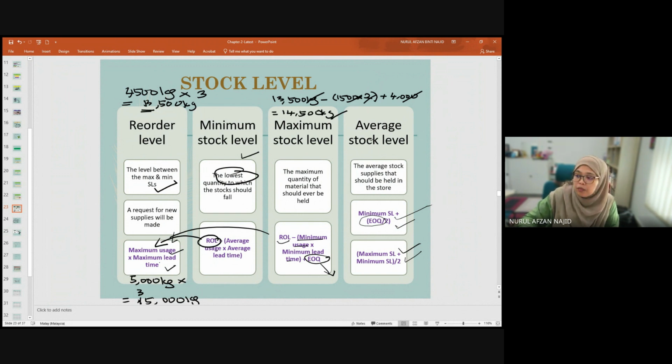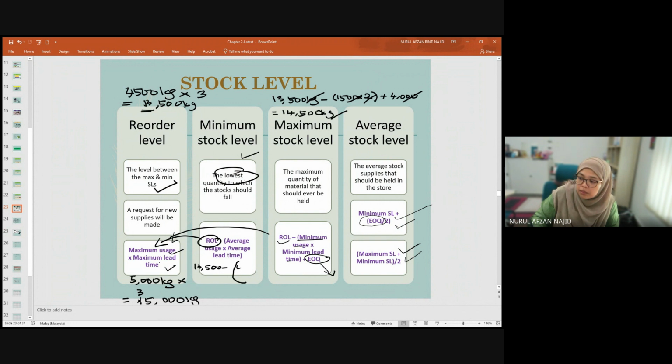Okay. Then we need to calculate the minimum stock level. What is the formula for minimum stock level? ROL, again, ROL tolak average usage. Okay, now how to calculate the average usage? ROL adalah 13,500. Okay, tolak. How to calculate the average usage? Maximum tambah minimum bahagi 2.